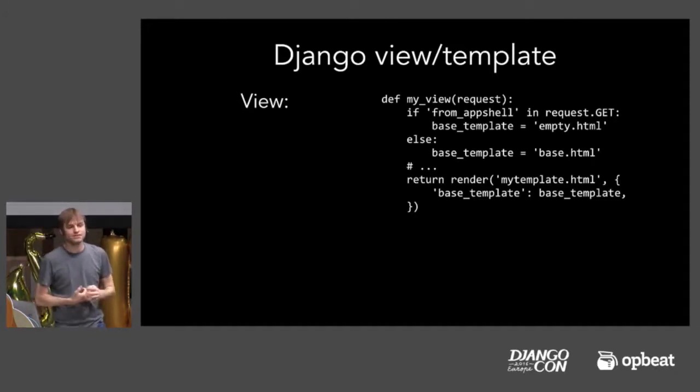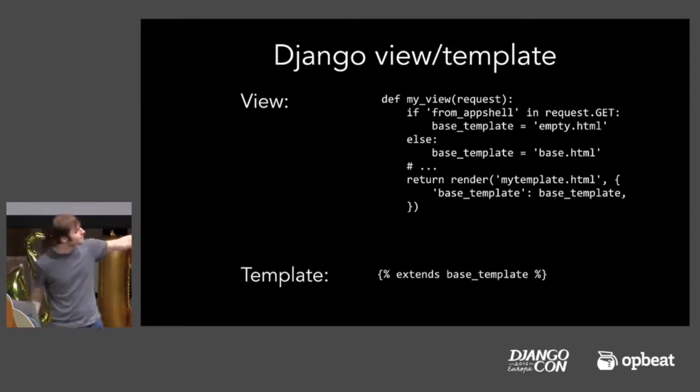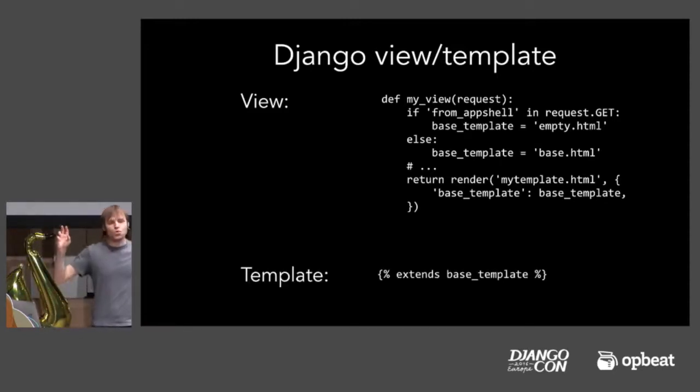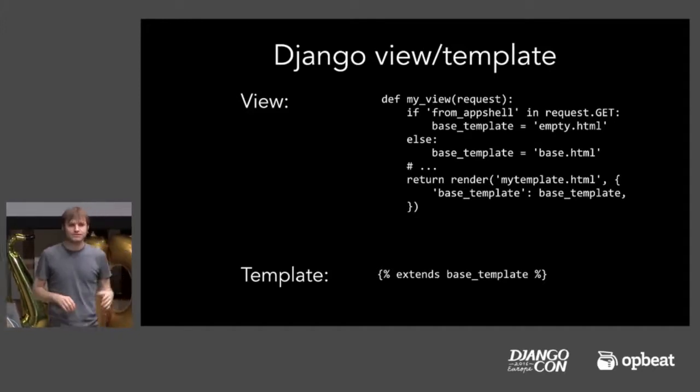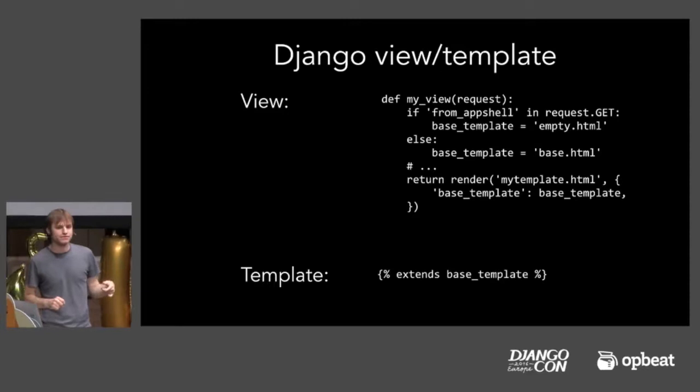And if that was given, I set the template name to, what did I use? Empty.html. Otherwise, use base. And then render the template with that variable parent template name. And then in the template, notice there are no quotes around base template. That is a variable. So that's how I would implement this for the Django bit of it. Does that make sense? Straightforward?